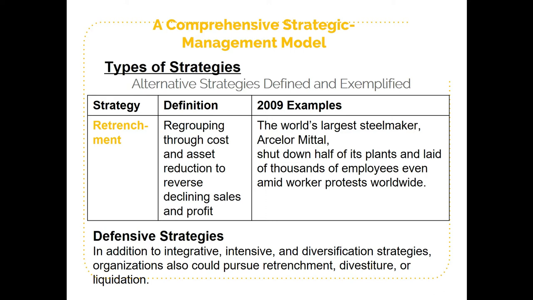So what is retrenchment? Basically, when you say retrenchment, you are regrouping through cost and asset reduction to reverse declining sales and profit. So again, retrenchment: regrouping through cost and asset reduction to reverse declining sales and profit.